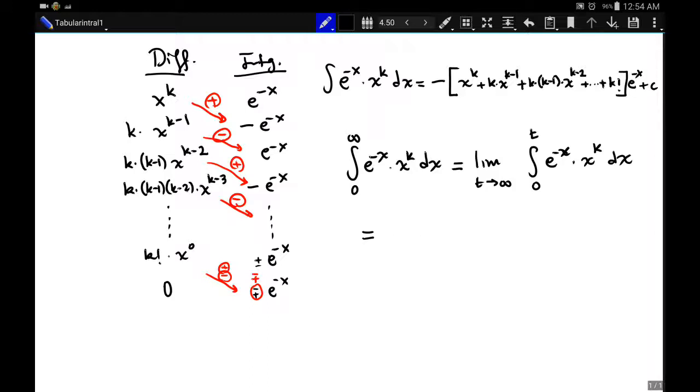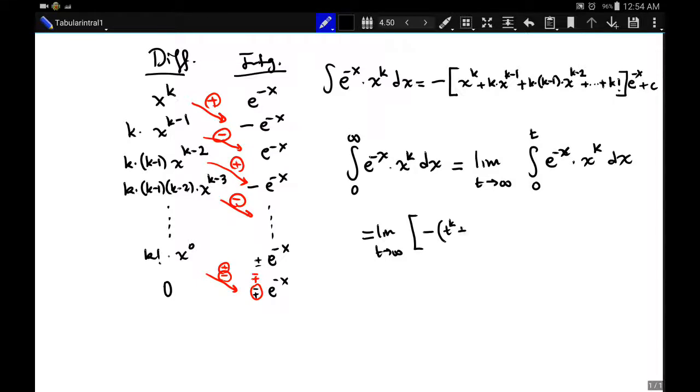Then if you just plug in t and 0 and then pass to the limit, what do you get? Limit as t goes to infinity, you get negative t to the k, right?